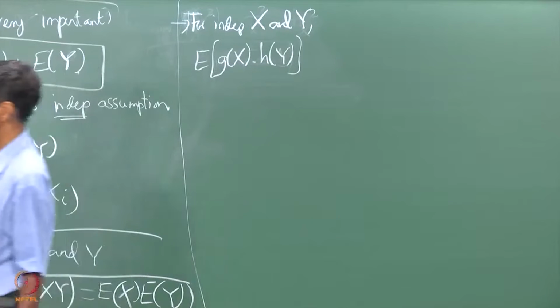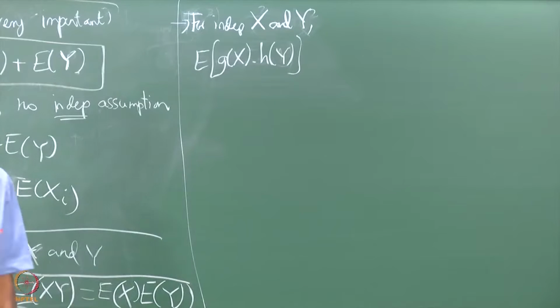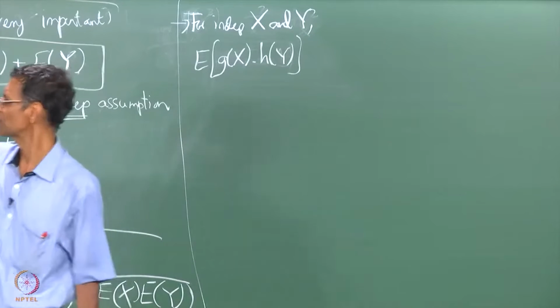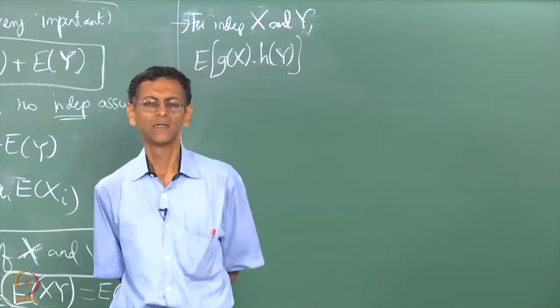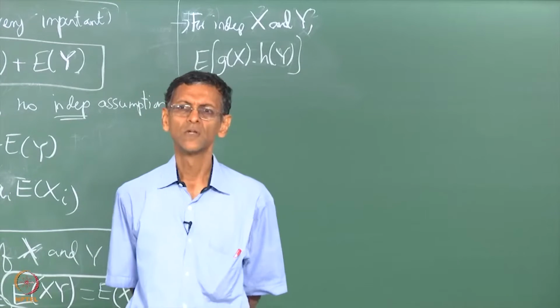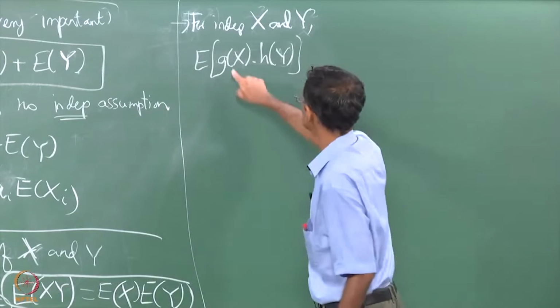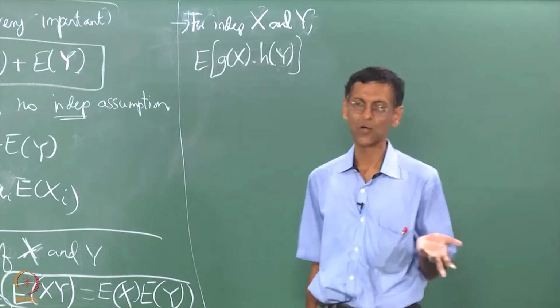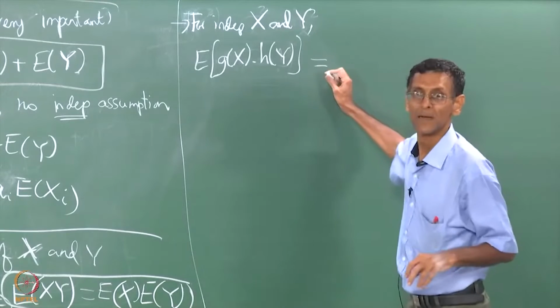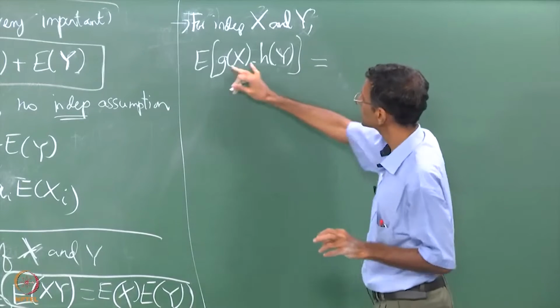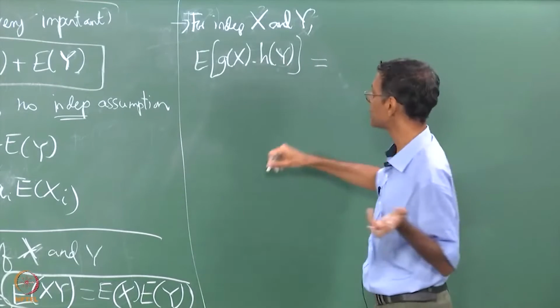Remember this g is not the same as the earlier g, because that was a function of two variables, but I do not want to keep on inventing subscripts. g(x) and h(y) are independent, as we already pointed out, so this depends only on the marginal statistics of x and y.